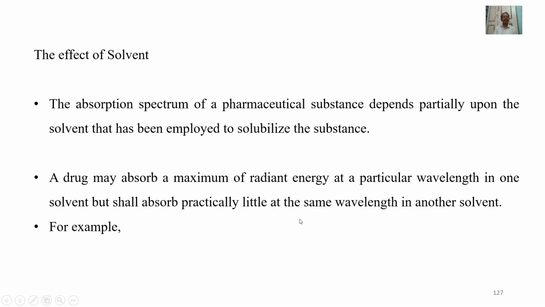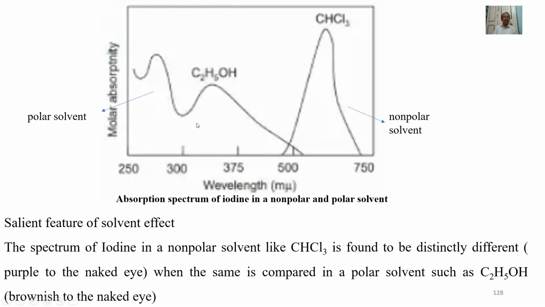For example, we take the absorption spectrum of iodine in a nonpolar and polar solvent. The wavelength which lies between 500 and 750 is for the nonpolar solvent. And the wavelength in the range 250 to 500 is for C2H5OH, which is a polar solvent.